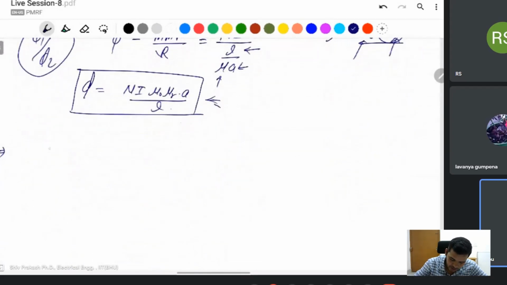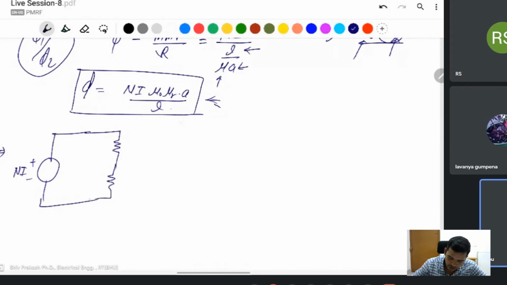If you provide an MMF of Ni, you take the core reluctance, this is not a resistance, right? It is the mean reluctance of the core and this one for the air gap. You can relate these in series in the core.